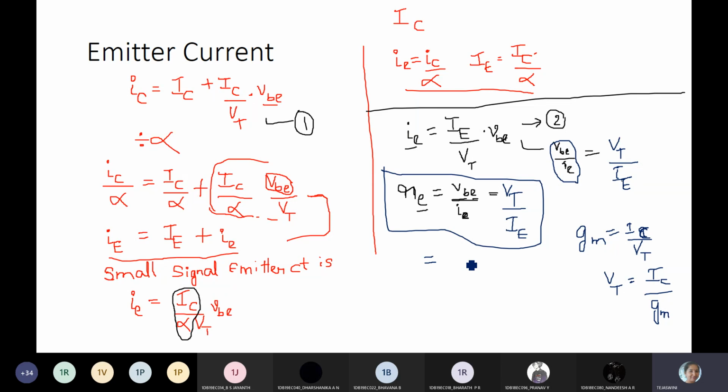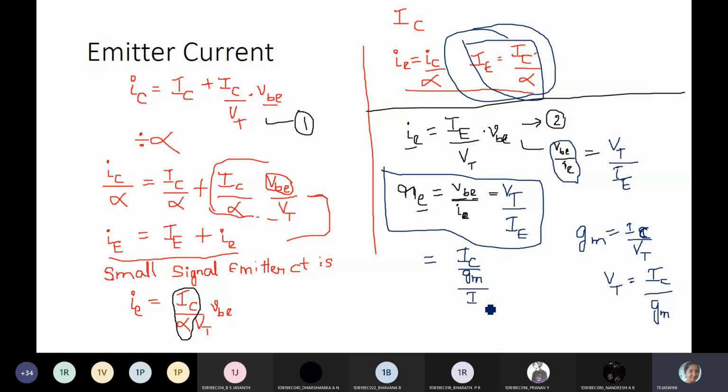So if I substitute VT as IC by gm, is the capital IC I've written correct? Yes, ma'am. What is IE now in terms of IC? IE is IC by alpha.